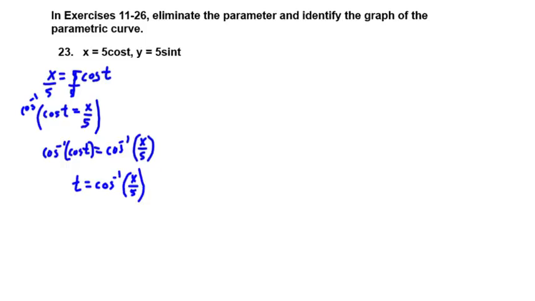And then we can take this inverse cosine of x over 5 and replace this t up here.